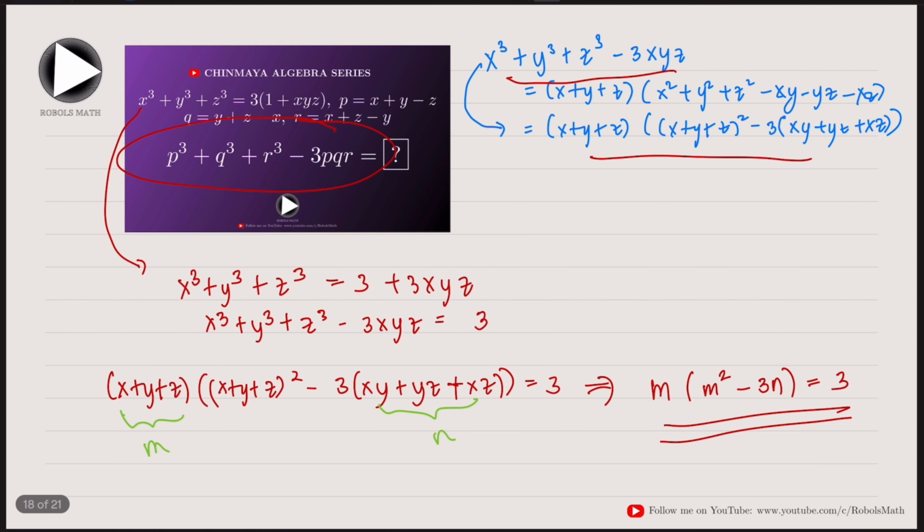So again, this is the same formula we use for the first equation.